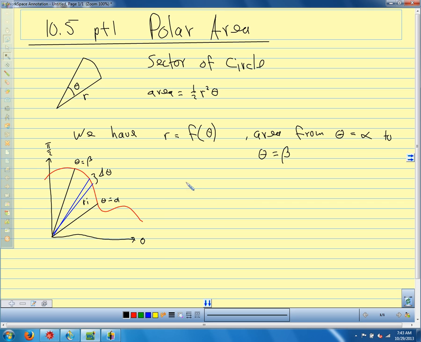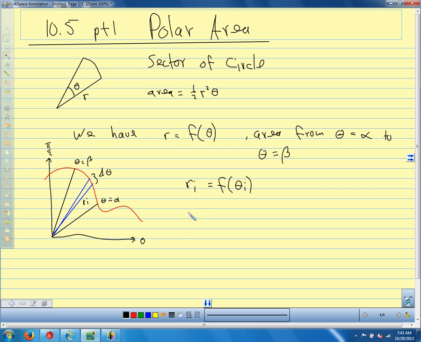So r sub i equals f of theta sub i, whatever our theta is at that particular interval, and each interval is going to have this central angle, delta theta.